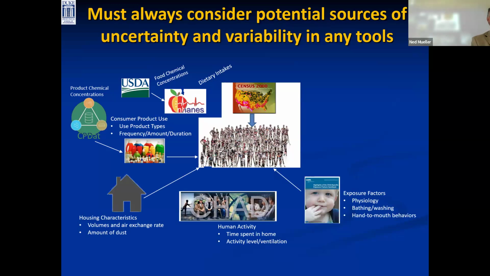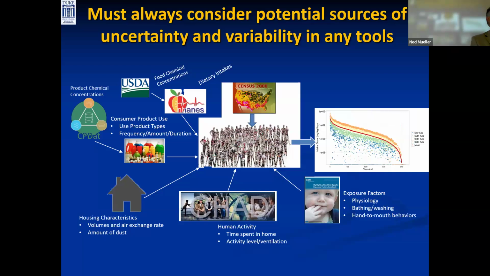There's an Exposure Factors Handbook, which is woefully in need of update. 2011 was the last official version, and I think in 2019 we updated some chapters. What's a 90th percentile exposure for a child to arsenic, for example? That's in the handbook. But ultimately, we end up with that risk profile.